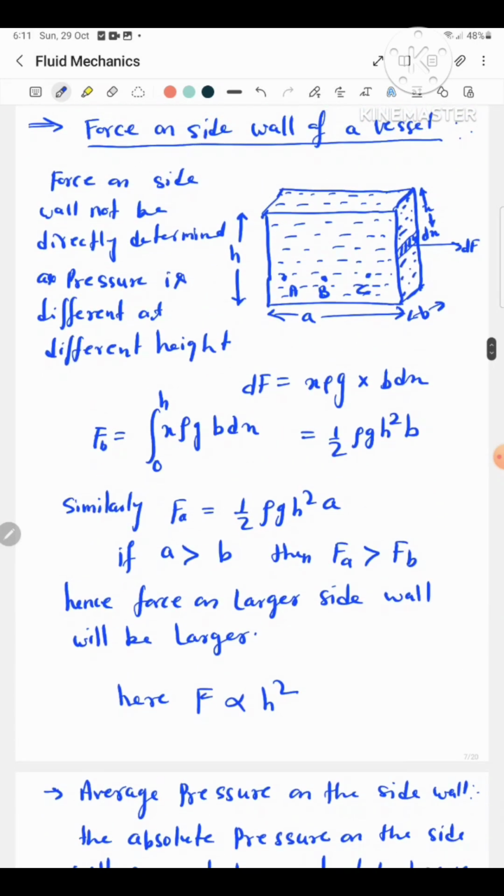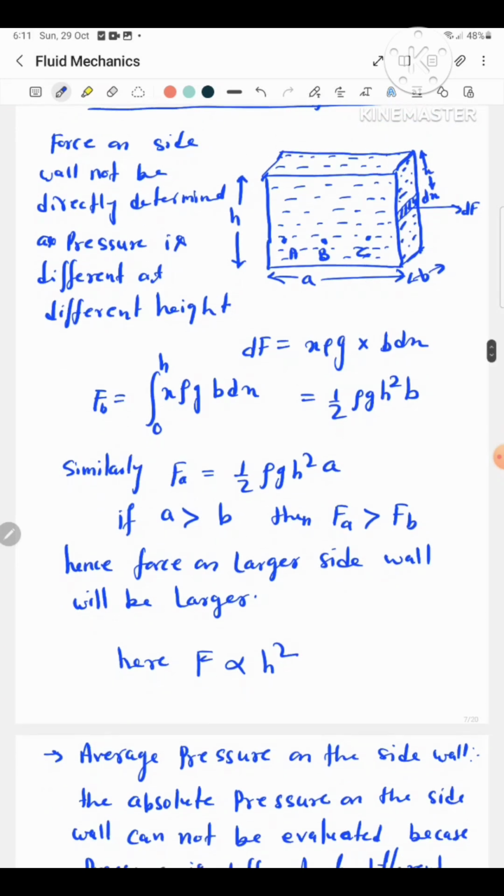Similarly, we can calculate the force on the side wall of length a. That will depend upon length a: half rho g h square a. Here Fb is half rho g h square b, which depends only on the length b, while this depends on the length a.